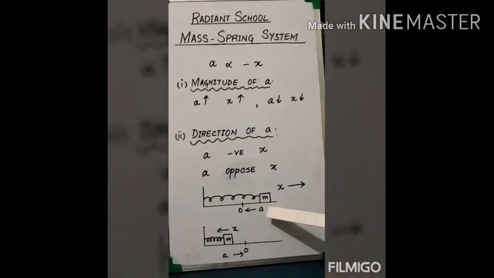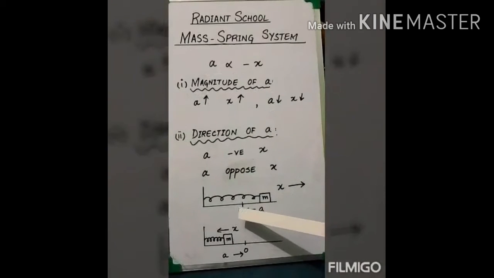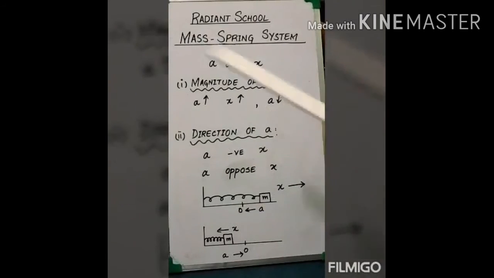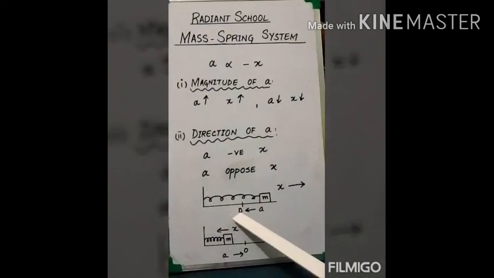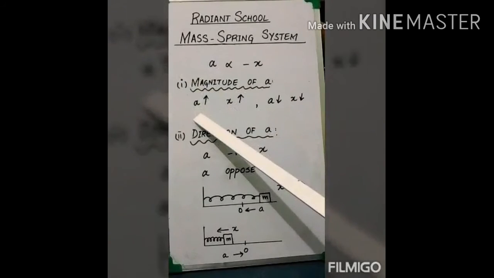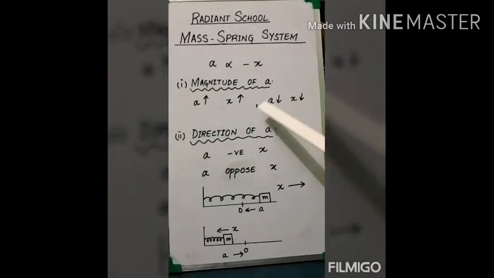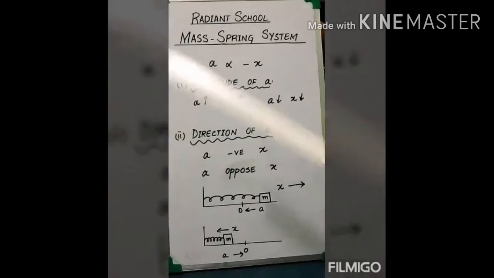If the body is moving away from the mean position, the acceleration will increase, and if the body is moving towards the mean position, the acceleration will decrease. So at the mean position displacement is 0, so acceleration is also 0. At the extreme position, displacement from the mean position is maximum, so acceleration is also maximum.